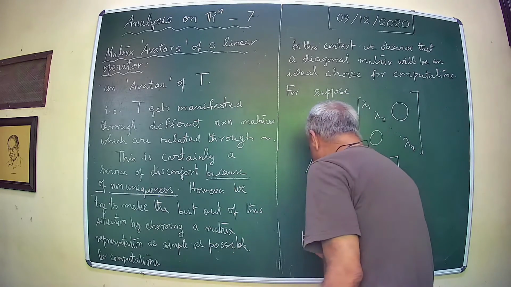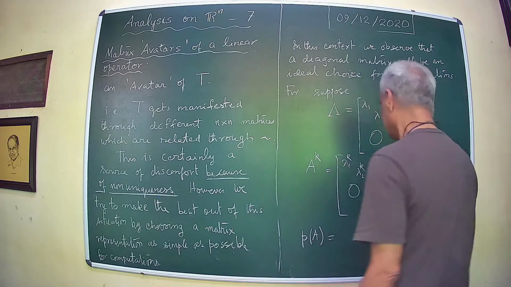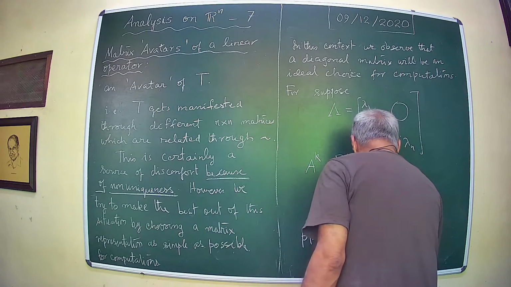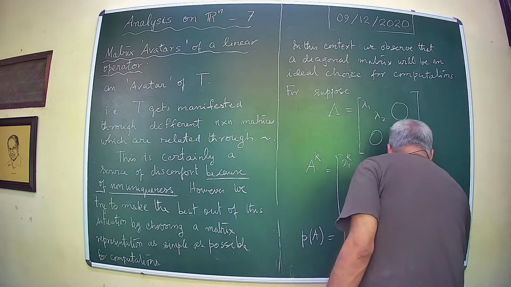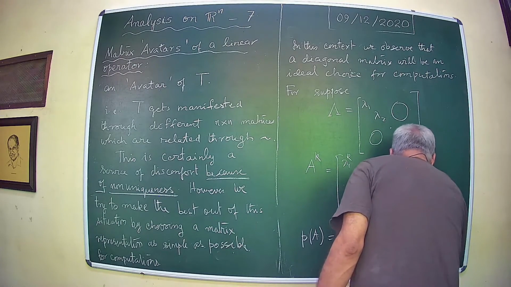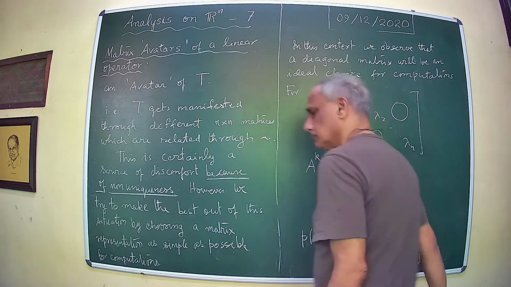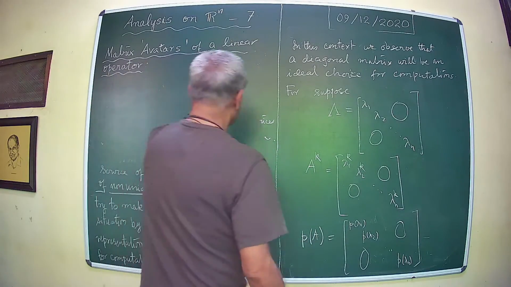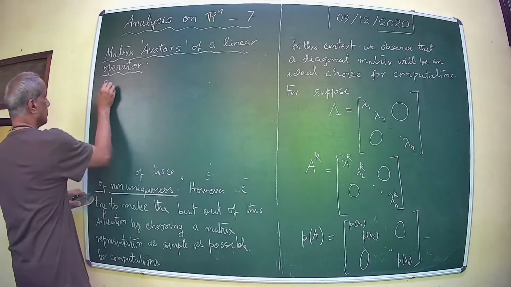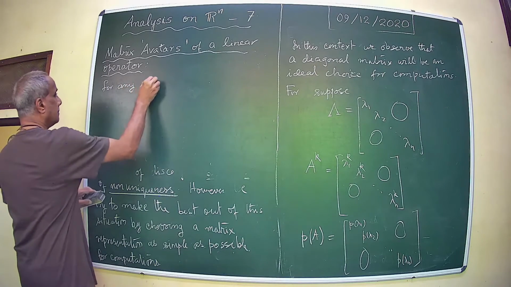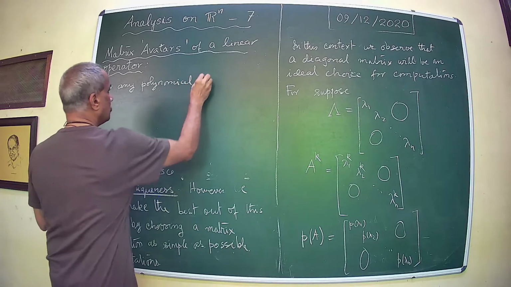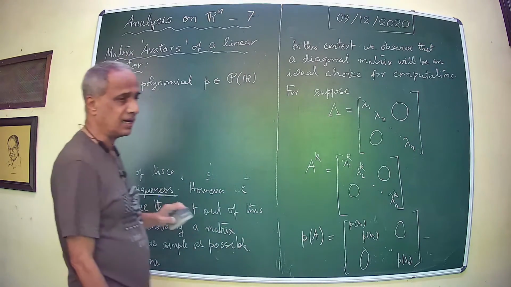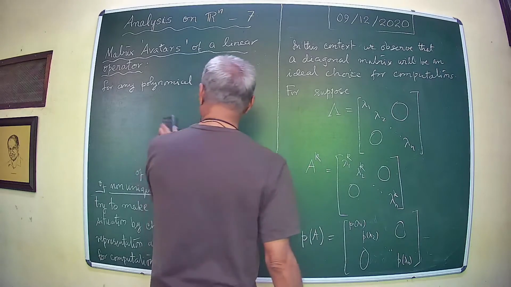So also P(A) equals P(lambda 1), and so on, for any polynomial with real coefficients. Okay, that is okay.